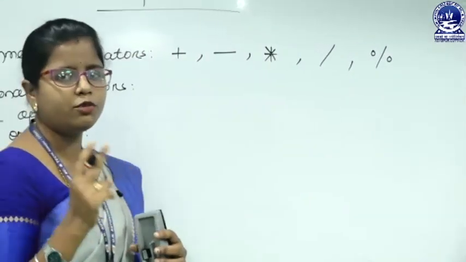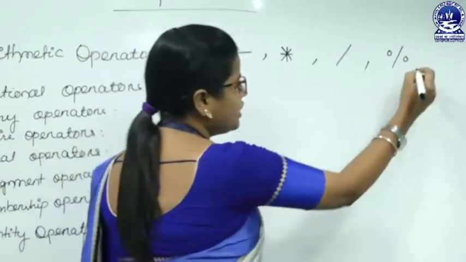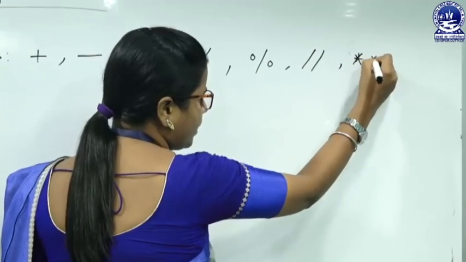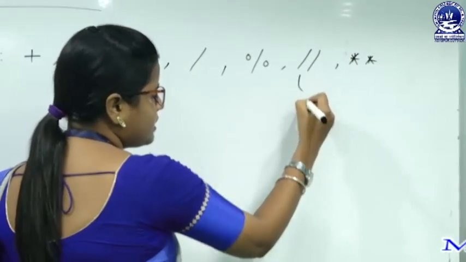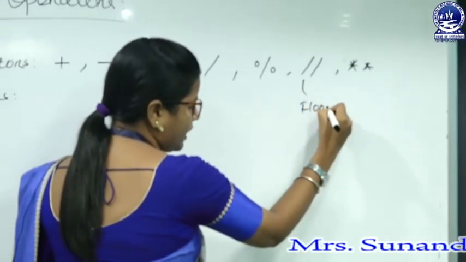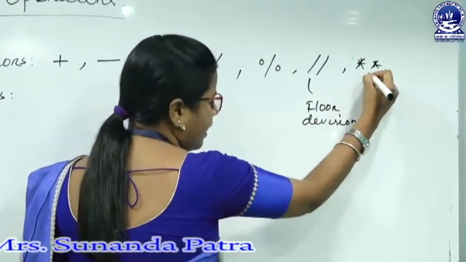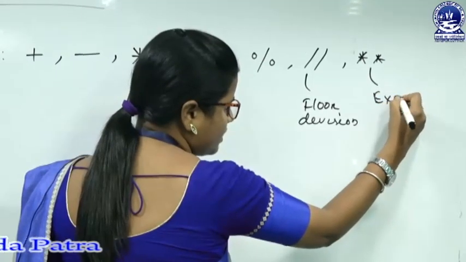Then we have two new operators which are the floor operator and the exponent operator. So this is our floor division, and this is exponent.